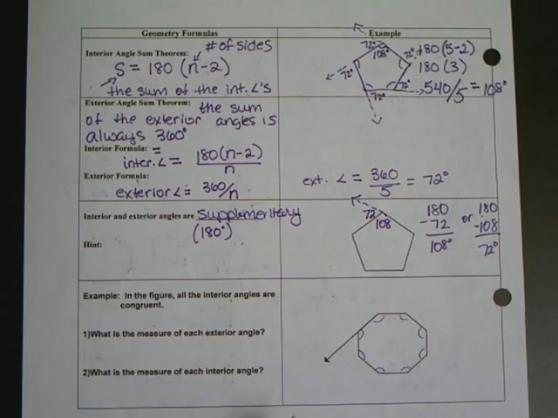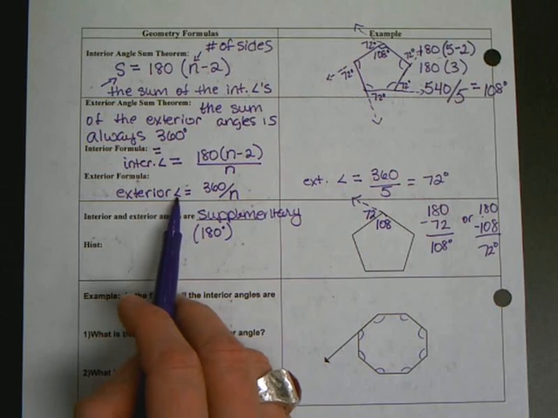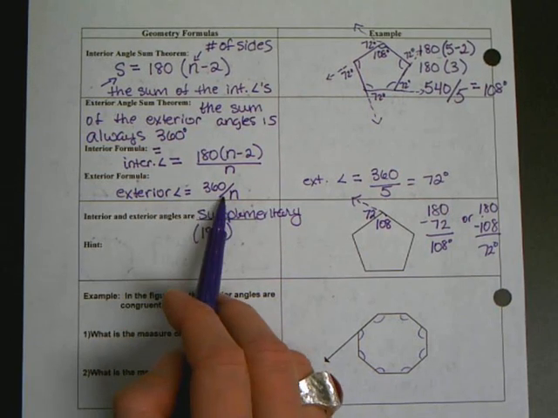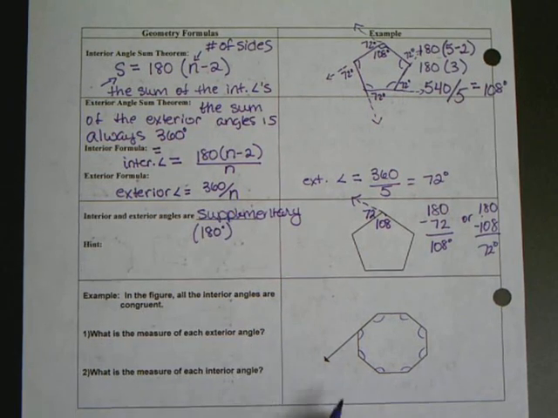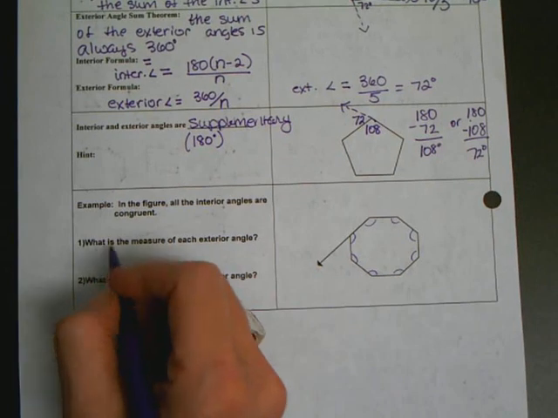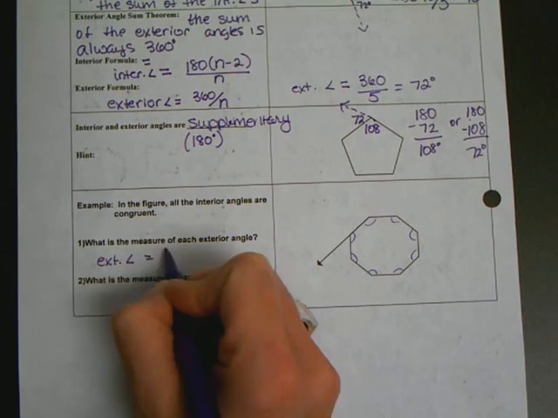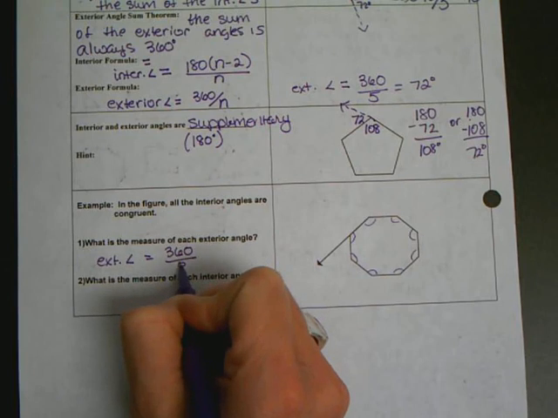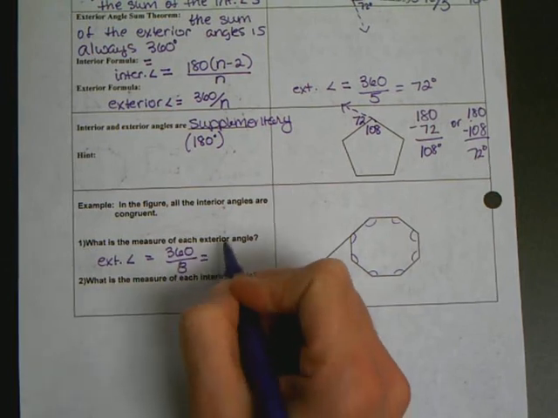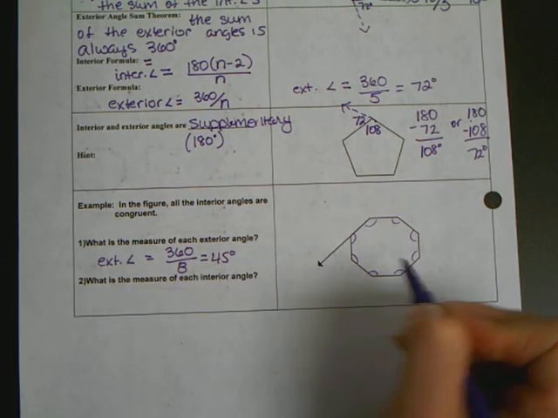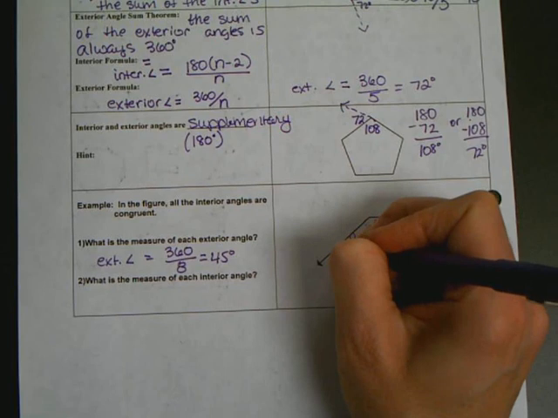The exterior angle formula. 360 divided by the number of sides. So, to find an exterior angle, we're going to take 360 and divide it by 8, and we get 45 degrees. So an exterior angle is 45.